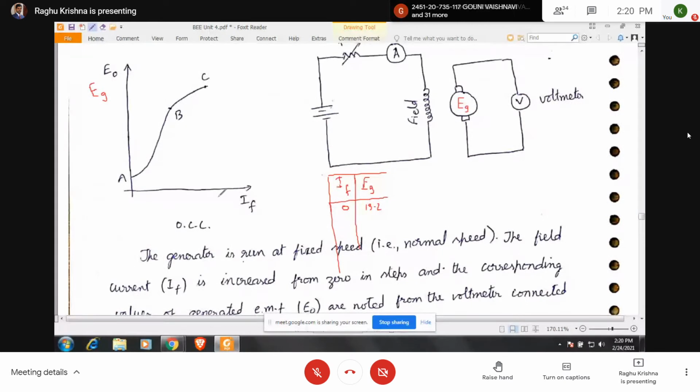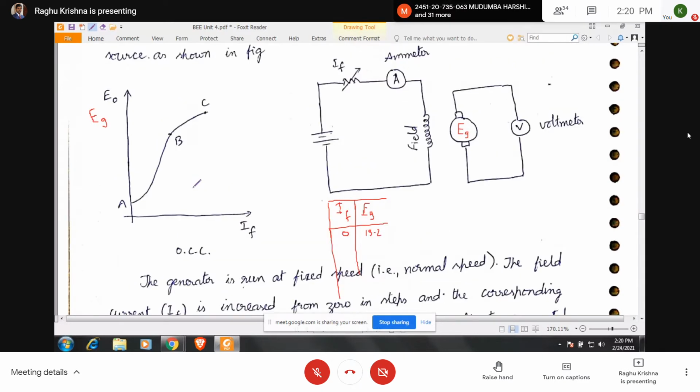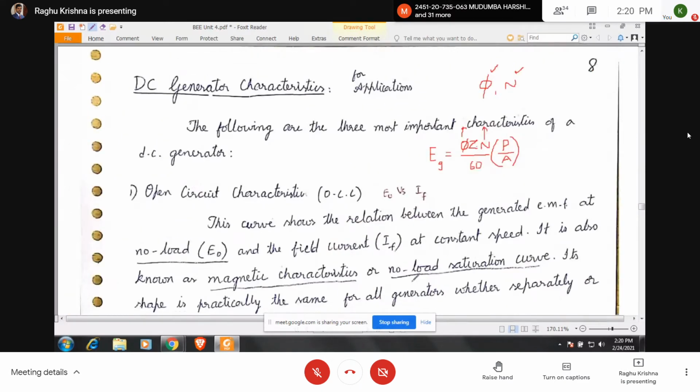Even if IF equal to 0, you are going to get some voltage, and that is due to residual flux in the poles. Even if there is no current, there will be some magnetic flux in the field poles, so due to that we are going to get some voltage. Here you know that EG equals PΦZN by 60A.